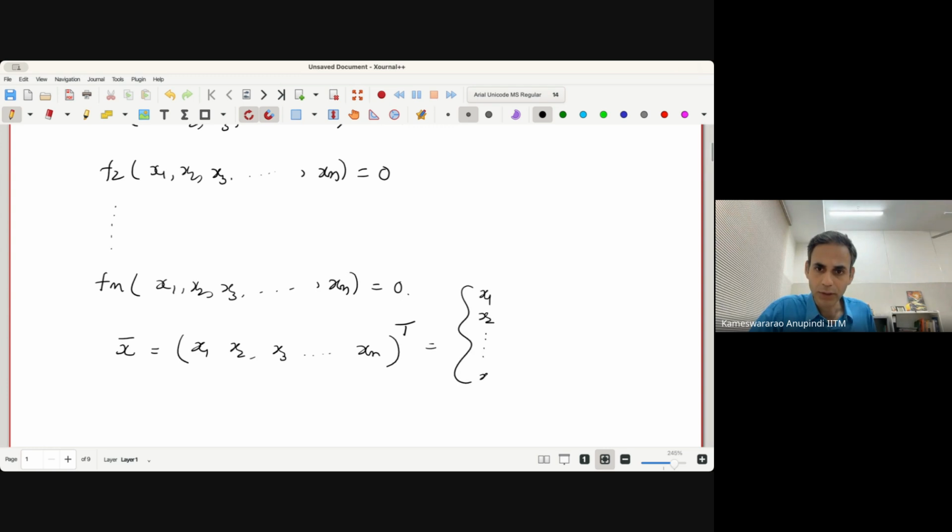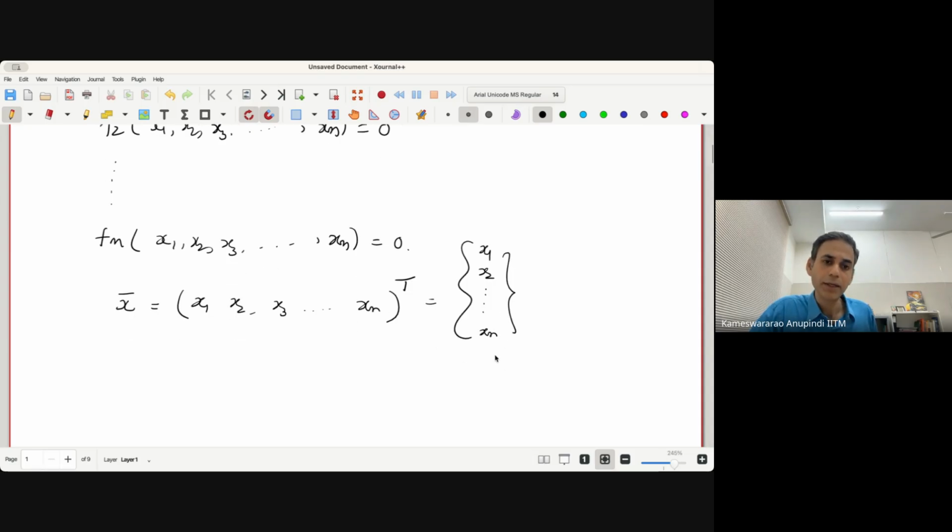Then my equations can also be written as a vector, that means f bar, which is a function of x bar, equal to 0. This is the equation we are trying to solve to obtain x bar, such that f bar of x bar equals 0.